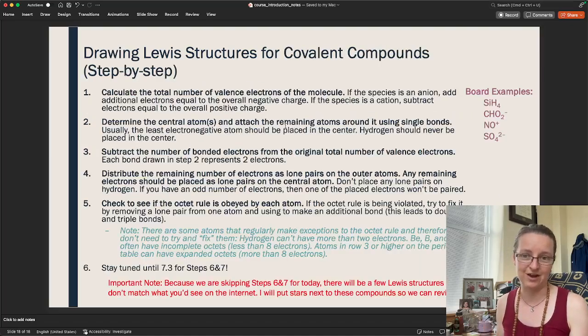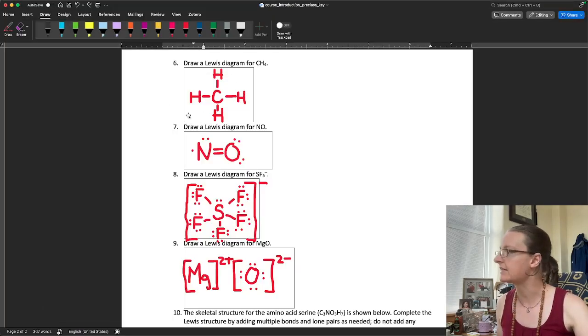And in these steps, the first thing to do is to calculate the total number of valence electrons for the molecule. In our particular case, we've got some hydrogens. Each hydrogen has one valence electron, but we've got to multiply that by the fact that there are 4 hydrogen atoms, and that is going to give us a total of 4 valence electrons.